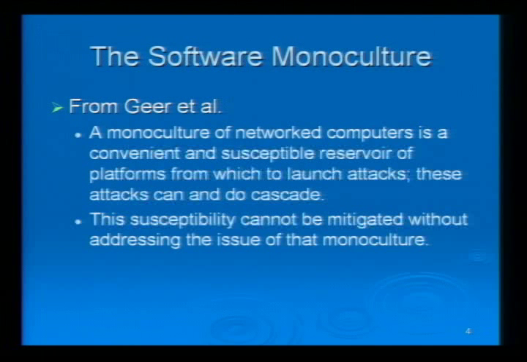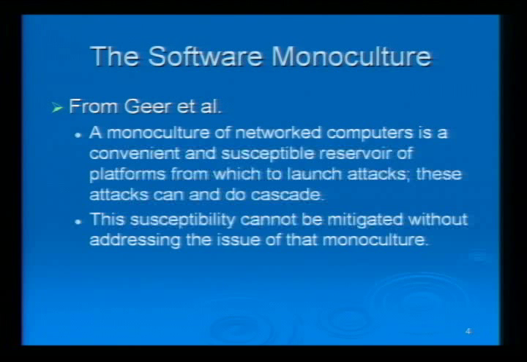So a while back, Dan Geer talked about the problem with the software monoculture, in which a large number of platforms, all running essentially the same software, provide the capability of mass propagation of worms and such.